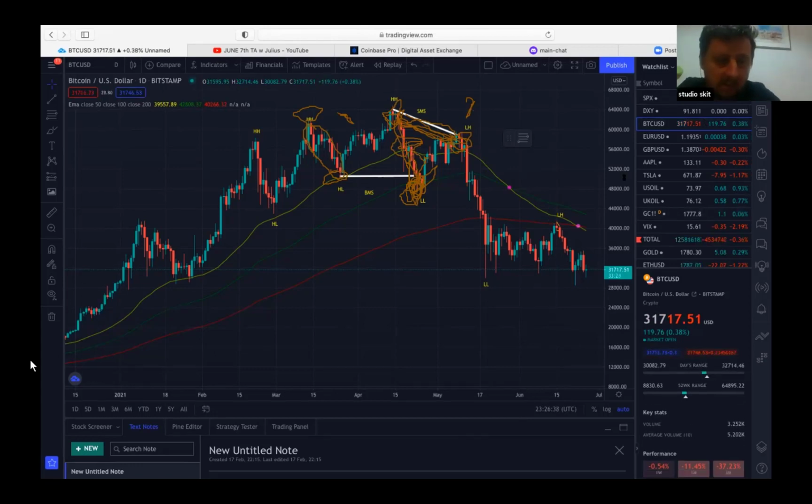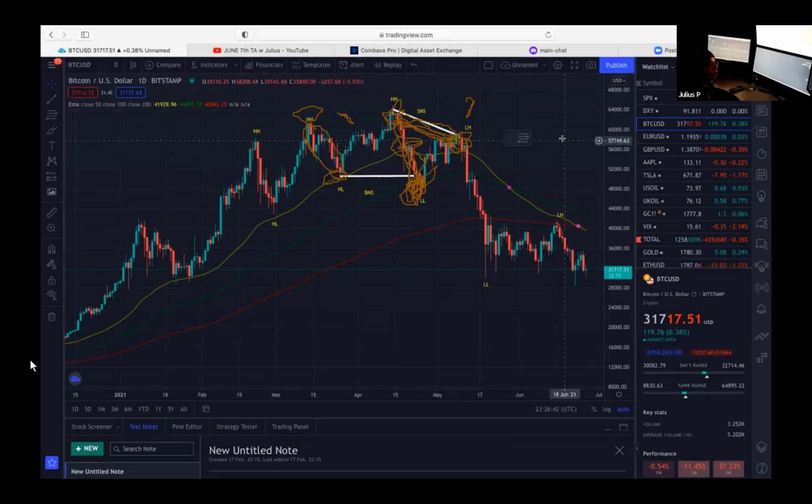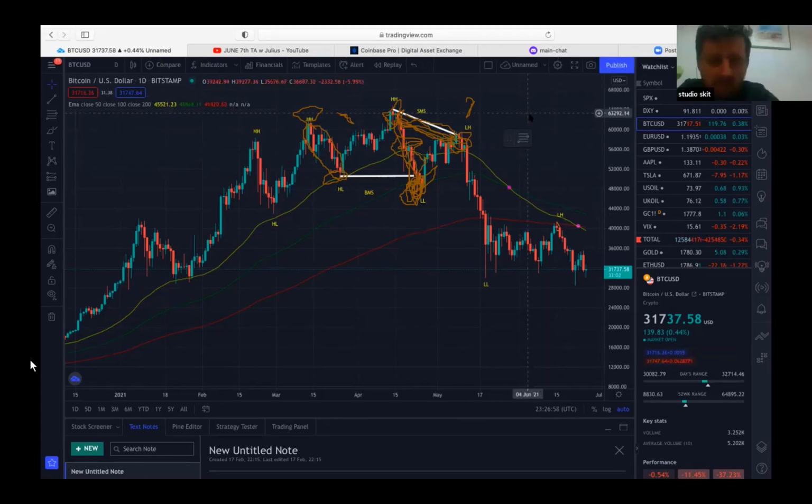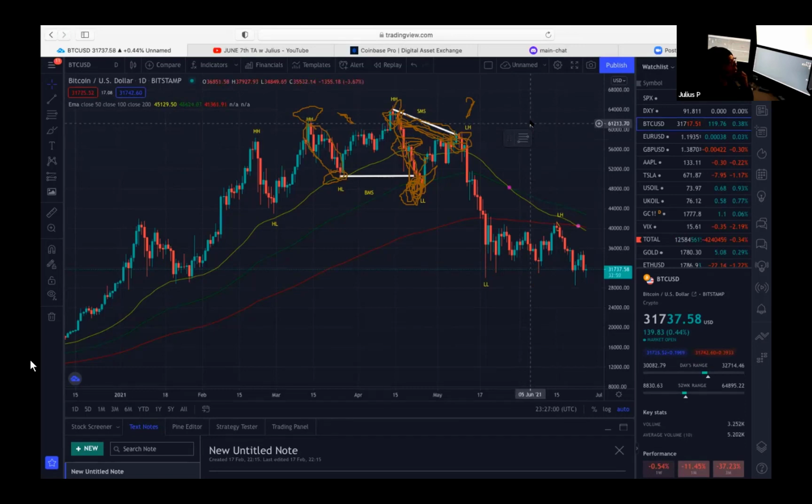Can I erase this? Yes. So go to your annotation tool, and you'll see what says clear drawings. You see it? I got Zoom. No. Where do I go? Go back to your annotation tool. Oh, there it is. Okay, excellent.